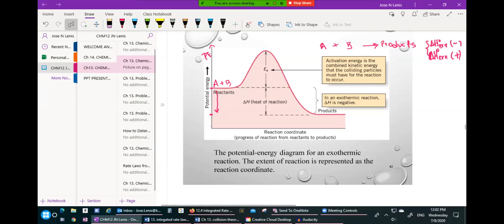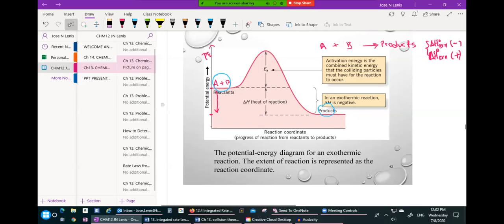We have two states here, reactives and products here. So we need to bring these particles from this state to this state. But notice that we have a barrier here, the hill.